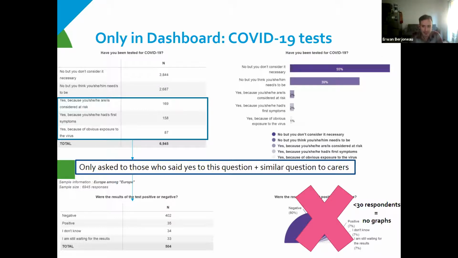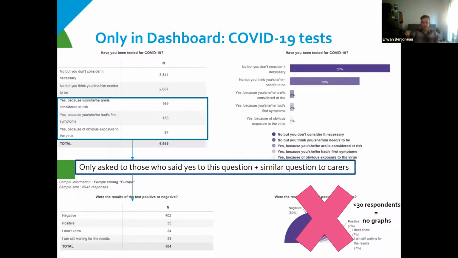And the other question, the one at the bottom, was only asked to those who said yes to the question that you see on the top, plus a similar question to carers. So that is why for the other question, we only have out of 7,000 people, only 500 people who responded, because we asked if the test was positive or negative.